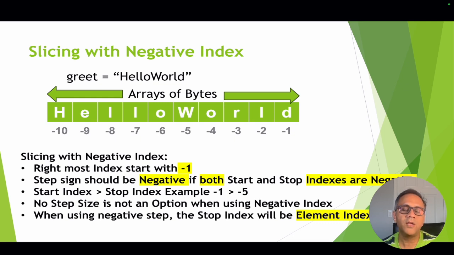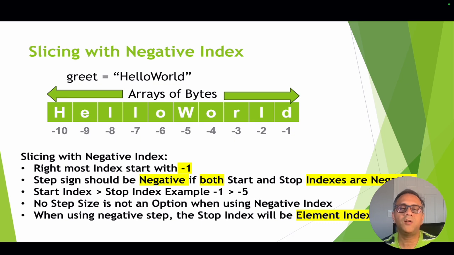When we look into the code, it will be clearer to you. But you can remember that when you're using negative index, the step sign should be negative if both the start and stop parameters are negative. Third, the start index will always be greater than the stop index.